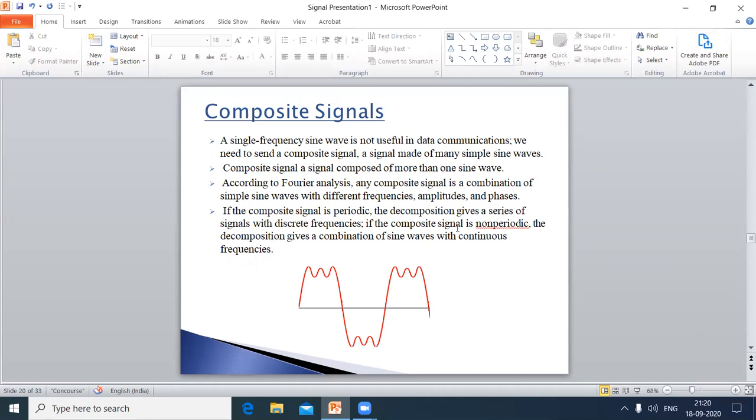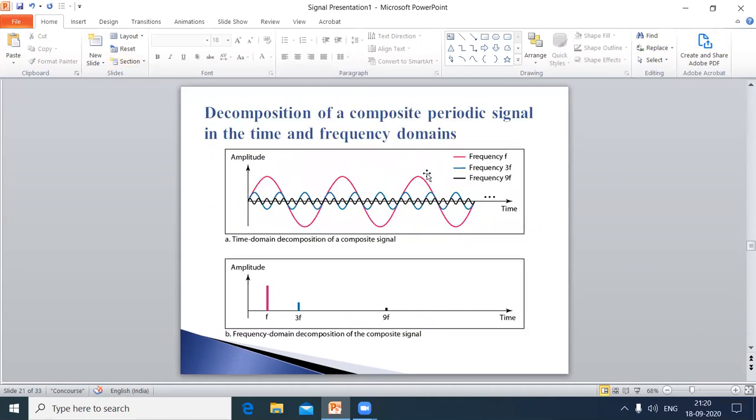If the composite signal is non-periodic, the decomposition gives a combination of sine waves with continuous frequencies. Generally the signal is decomposed into multiple sine waves. Decomposition of composite periodic signals in the time and frequency domains.